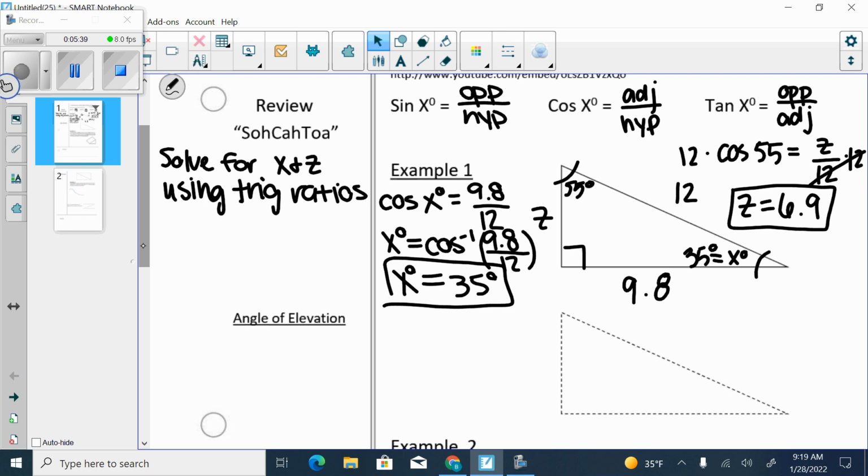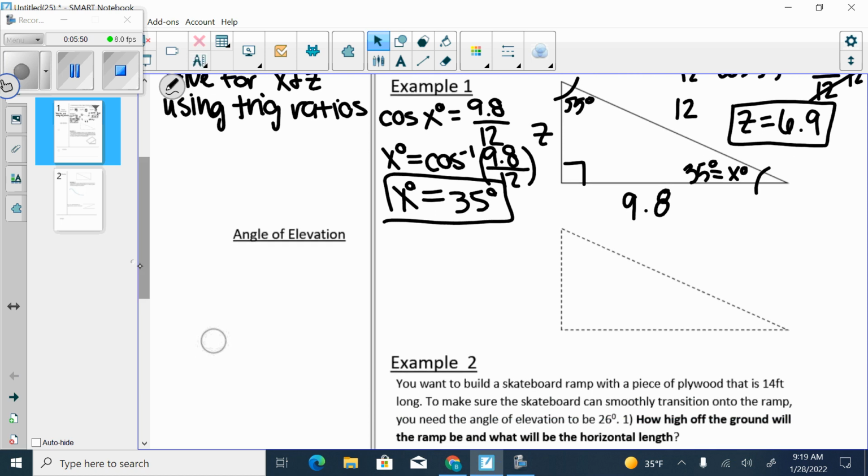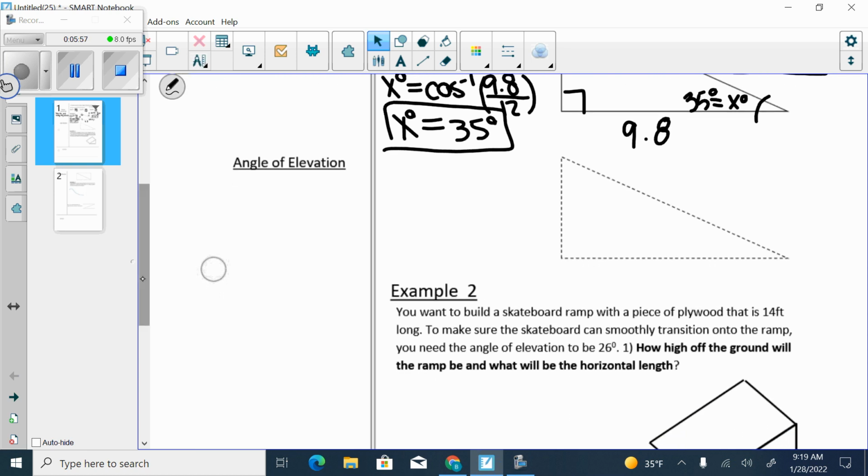Now we're going to introduce those two terms that you saw a couple of problems on. I saw you guys two days ago on that assignment that mentioned elevation and depression angles. So we're going to start first with angles of elevation. Your angle of elevation is going to occur if you look up at an object.